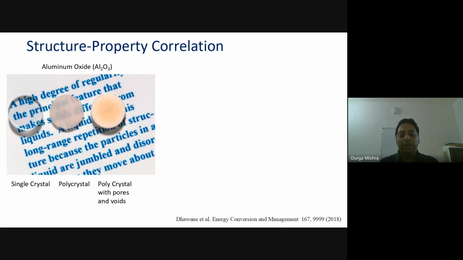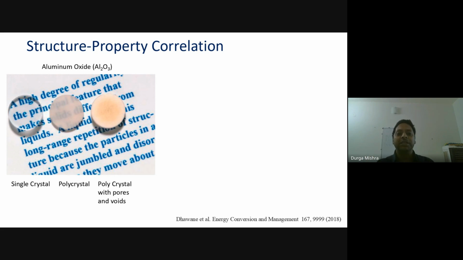And the third one has an interesting structure. It is a polycrystal, but it has designed pores or voids. When you are looking at it, you don't see those pores or voids, which means they are very, very small. You cannot see them with your naked eyes, but you can see the pores if you look under an electron microscope, for example.